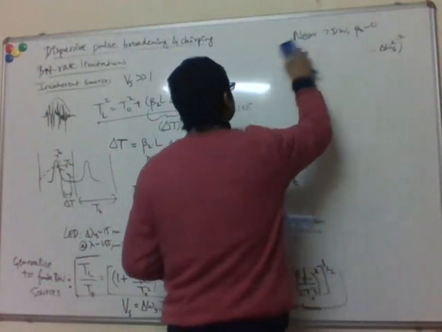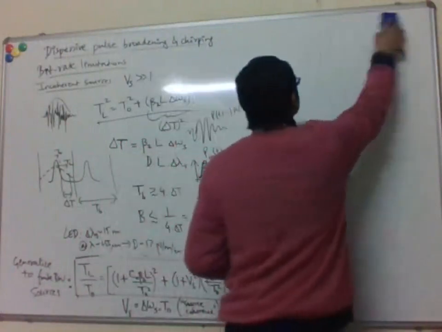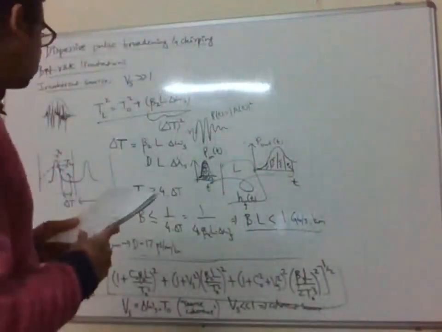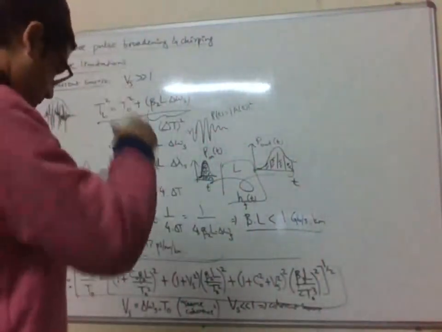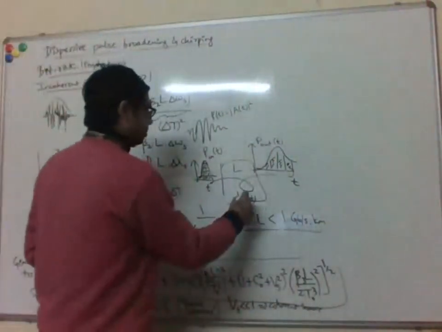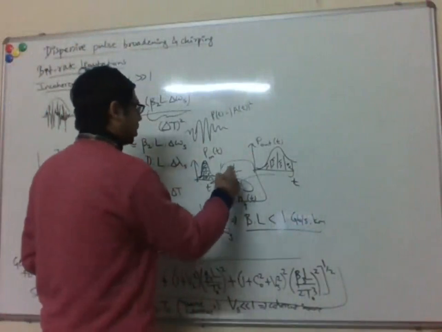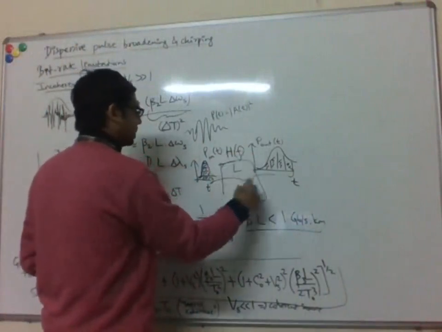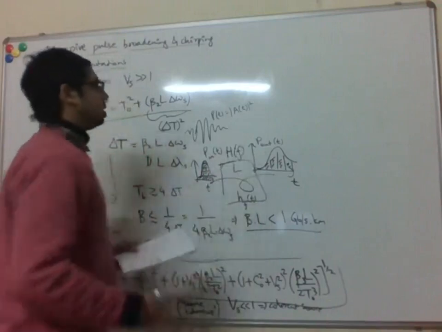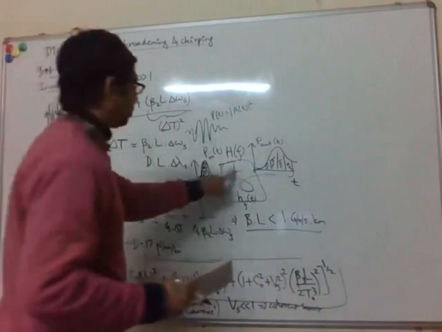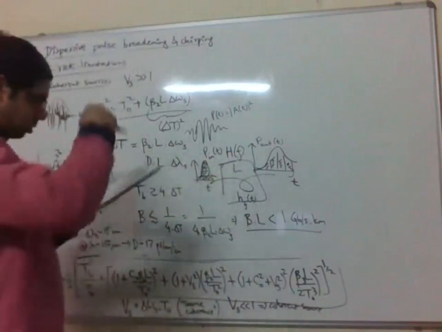Again, only in the case where the source is incoherent. I can define an impulse response h of t, or in terms of frequency, the fiber is acting like a filter with a spectrum h of f, which is the Fourier transform of h of t.